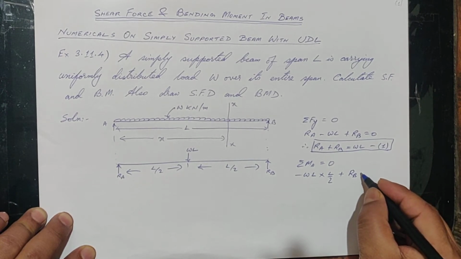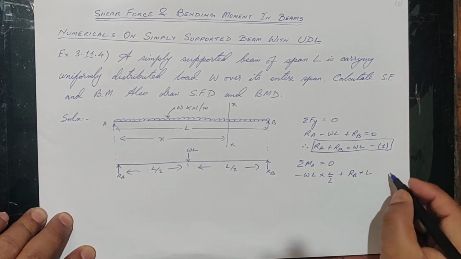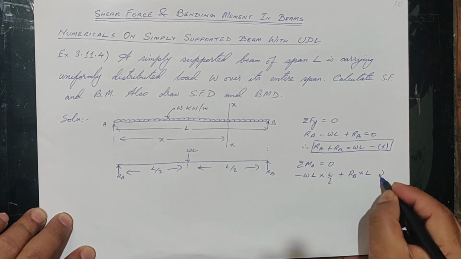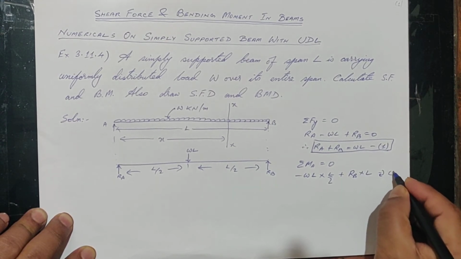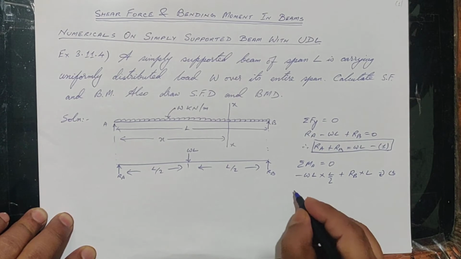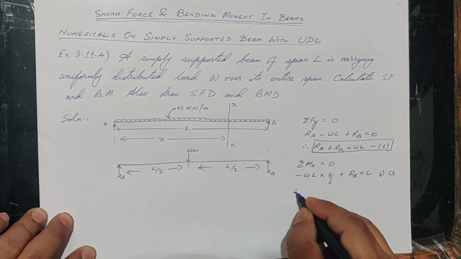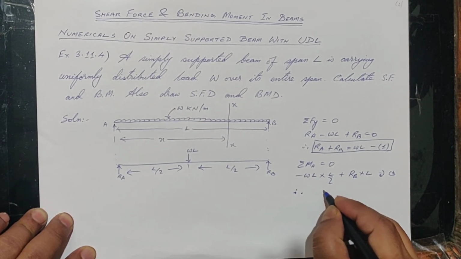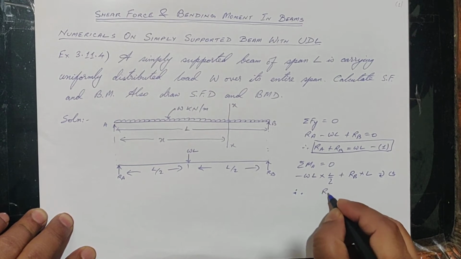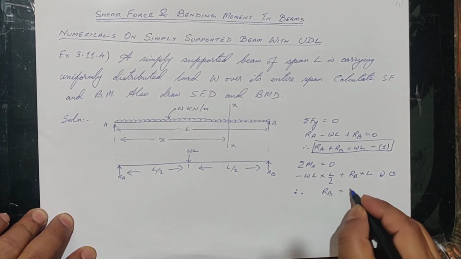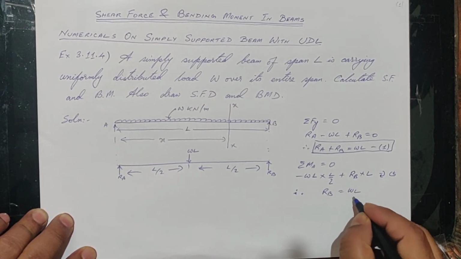Here we have taken clockwise as negative and anti-clockwise as positive. So therefore RB could be written as WL by 2.